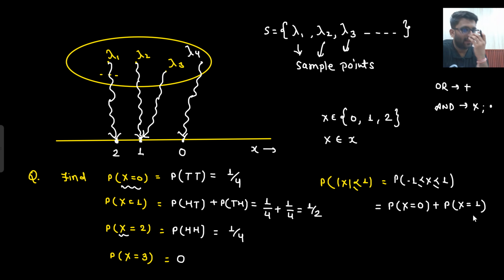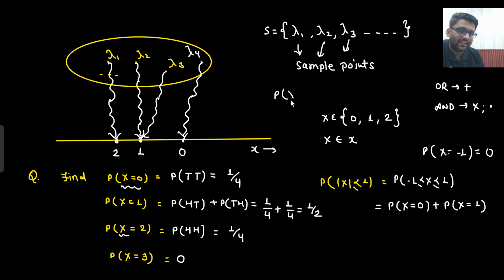Basically, I need to find the probability such that random variable x takes the value between minus 1 to 1. That means random variable x can take value either 0 or 1. It cannot take minus 1 value, which I already know. It could take x equals to minus 1, but I know that the probability of x equals to minus 1 is 0. So why should I write that?